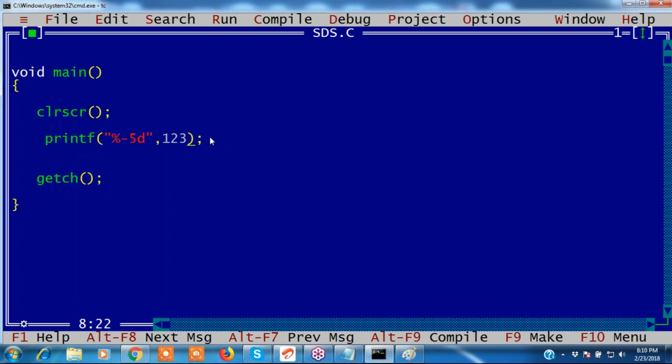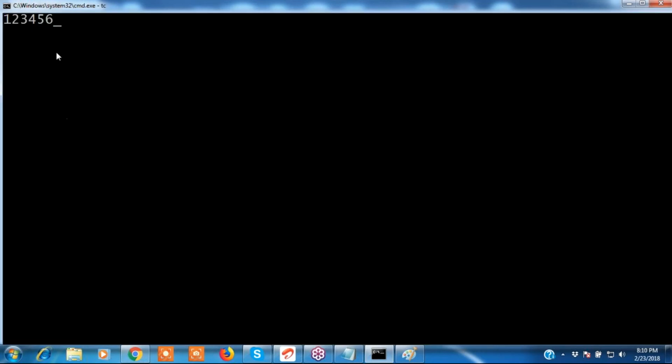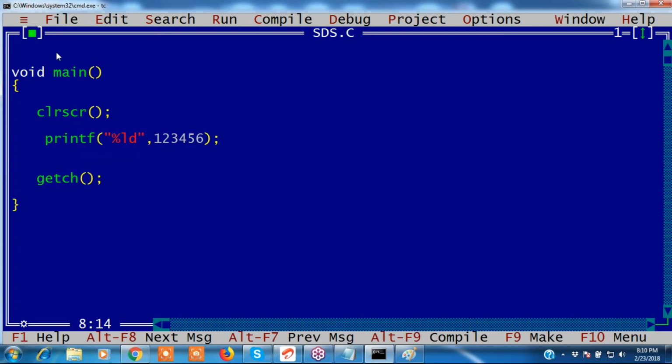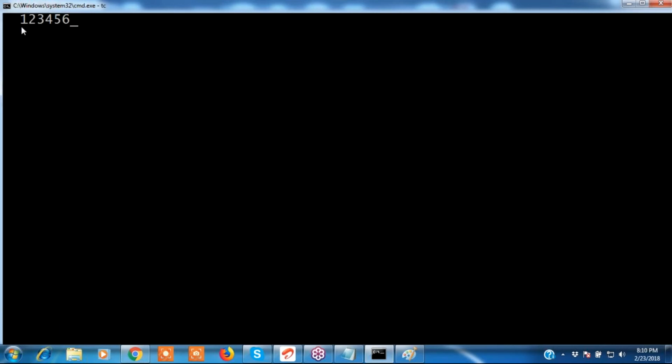Clear? Okay, what about scanf? If I use %ld, what will happen if I give 123456? Does it work for ld? You will check it. This is a long integer, it is working with 6 digits. Okay, now I write %7ld. If I give 7ld or 8ld, two spaces it is giving.